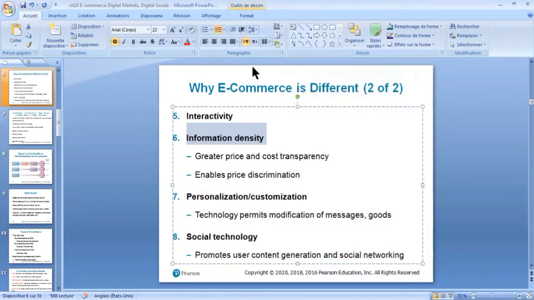You know well that information density makes prices and costs more transparent. شنو نقصده بالprice transparency? Price transparency refers to how easily consumers can find out the variety of prices in a market.